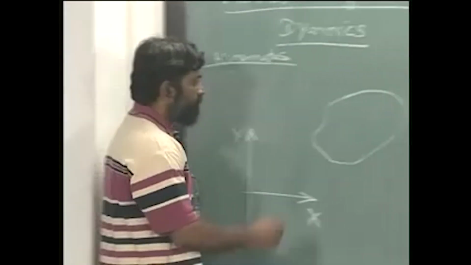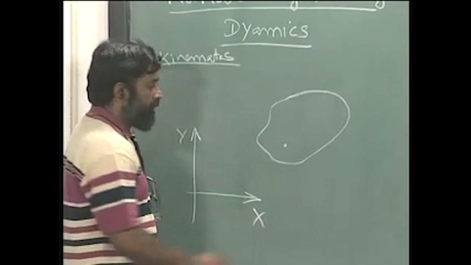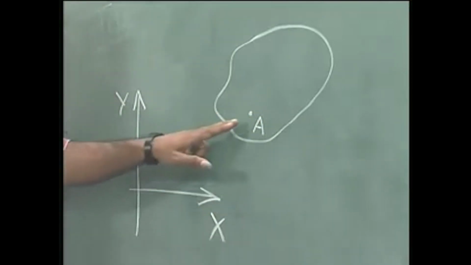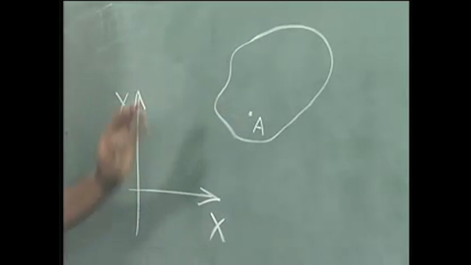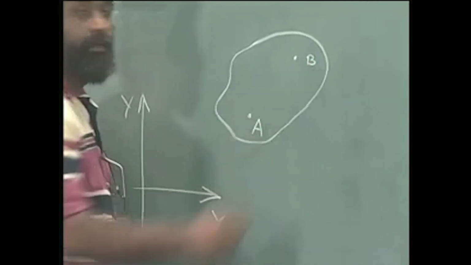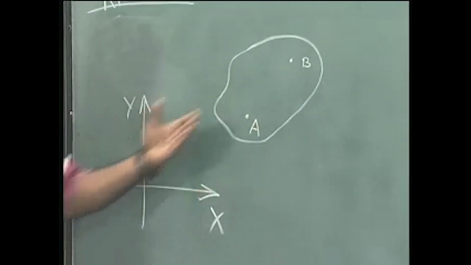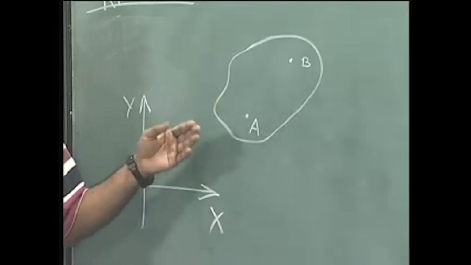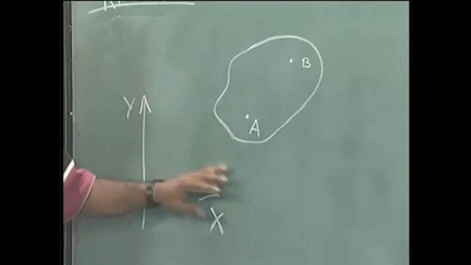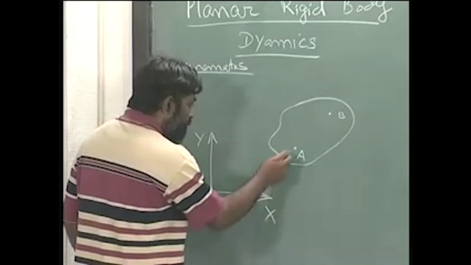Supposing we know the velocity of the point A or the location of point A, and looking at the location of point B, and we know certain relationships, how do we relate these two, either the location or velocity or the displacement? We did this exercise in the last module, let me just repeat it here.